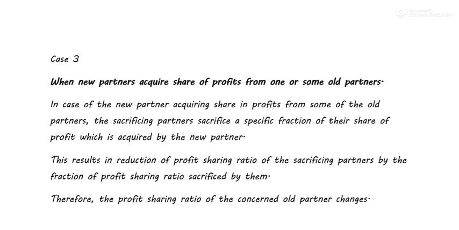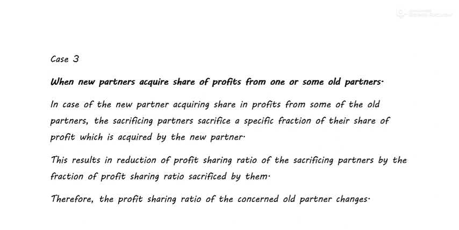For example, if there are three partners A, B, and C, and D is admitted for 1/4 share, and in the sum it's written that D gets his share from A and B equally, means 1/4 of the share that D is getting is being provided to him by A and B equally. Correct? Means half of 1/4 is given by A and half of 1/4 is given by B. So this was the explanation.